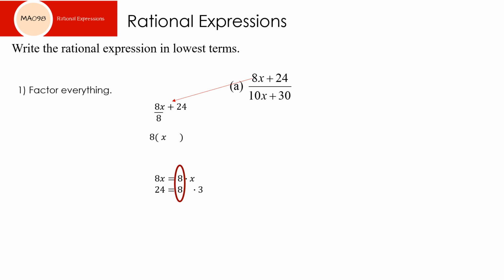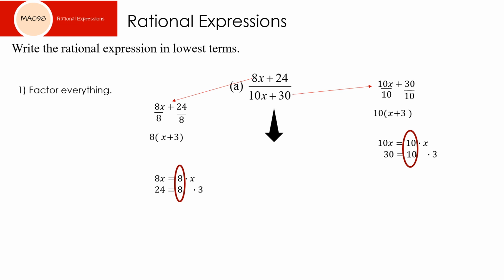We divide everything by 8, and we factored it. Now, let's do the bottom. We're going to do exactly the same thing. So I have 10x equals 10 times x, and 30 equals 10 times 3. I'm going to circle anything that's in common, so 10 is our greatest common factor. I'm going to make 10 in a parentheses, then divide everything by 10, and we factored it.